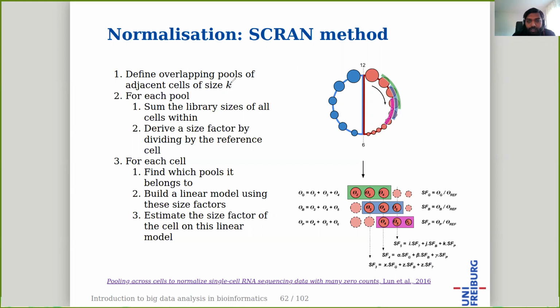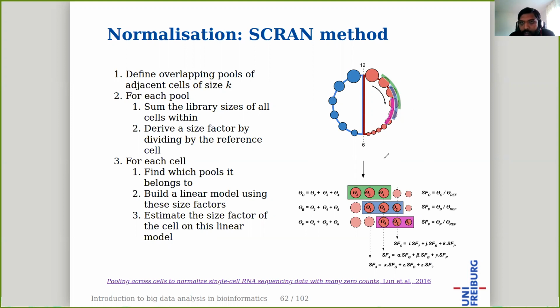While we move this window, for each pool we sum all the library sizes, and then derive a size factor from the pseudo size factor that we calculated before. So for these 3 cells, let's say this is theta 1, this is theta 2, this is theta 3, and so on.